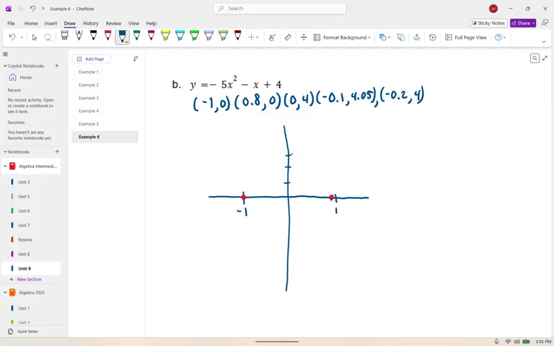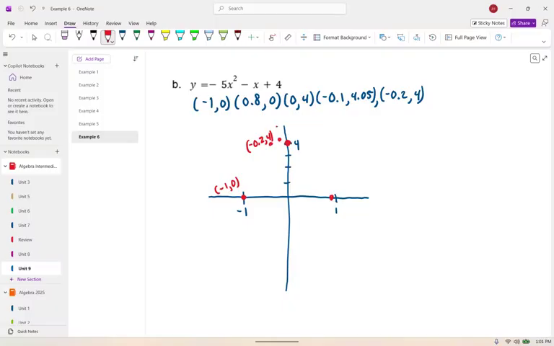1, 2, 3, 4. And have a point at 0, 4. And then my vertex is just above that. And then I've got a point just below that. Now let's go ahead and label our points. We have negative 1, 0. We have negative 0.2, 4.